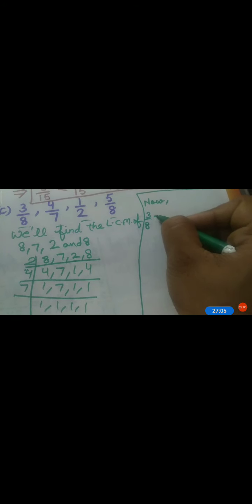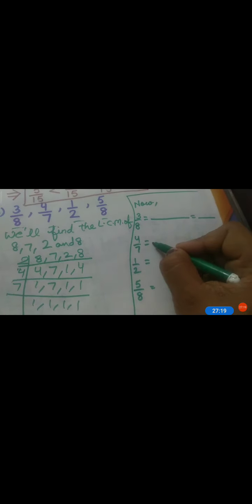Now we will write all these numbers one by one. 3 by 8, 4 upon 7, 1 upon 2, 5 upon 8.